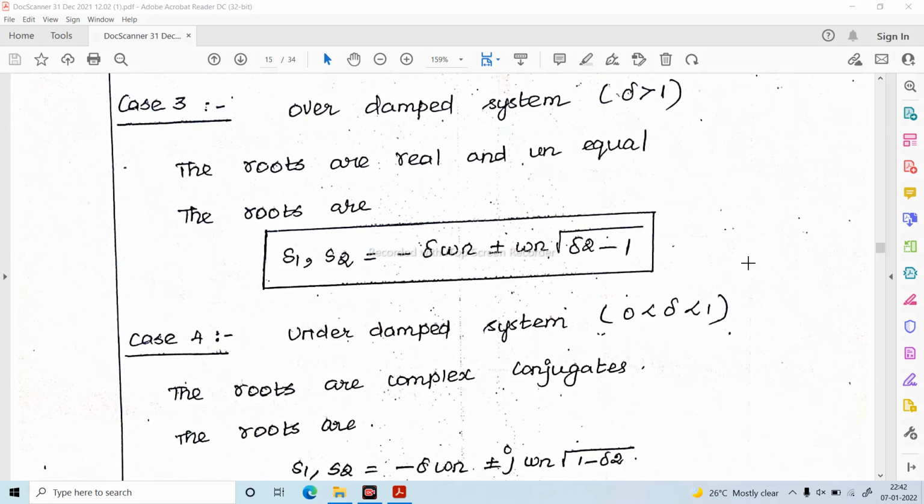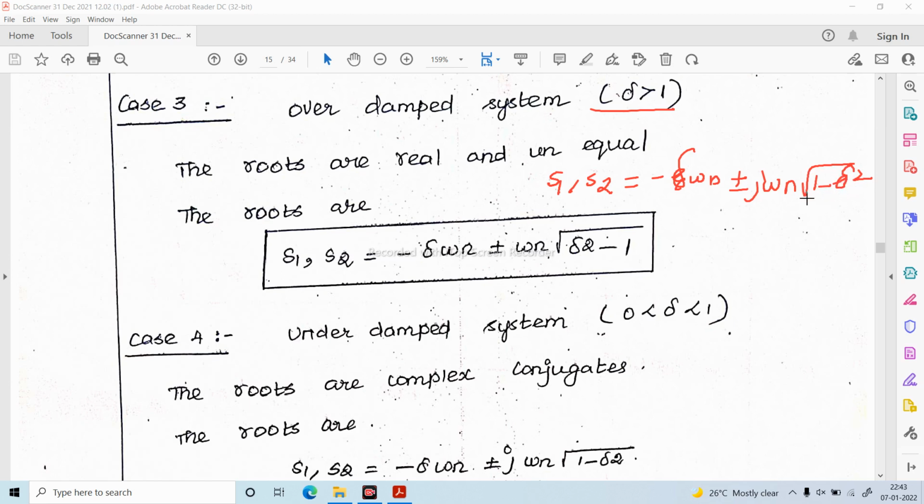Next I am going to explain the overdamped system, that is delta greater than 1. So what about the roots? s1, s2 equal to minus delta omega n plus or minus j omega n square root of 1 minus delta square. Here delta is greater than 1. If delta is greater than 1, what will be the value?